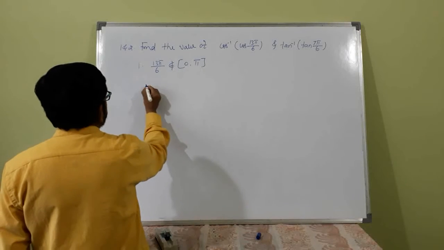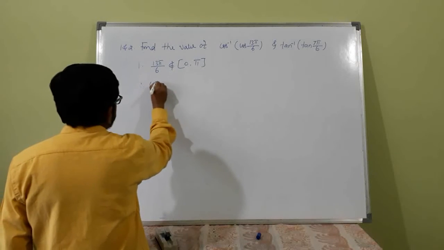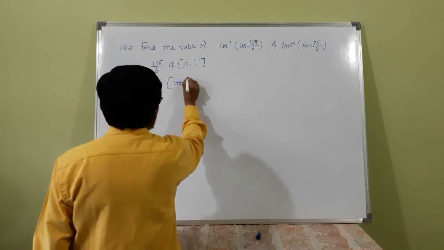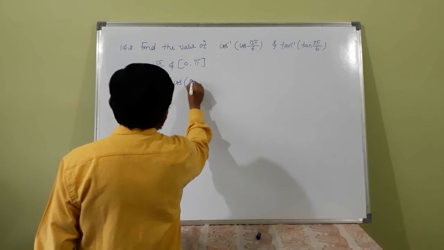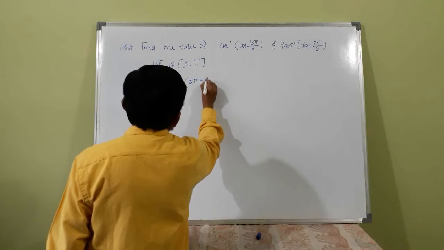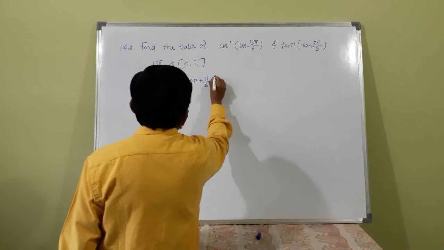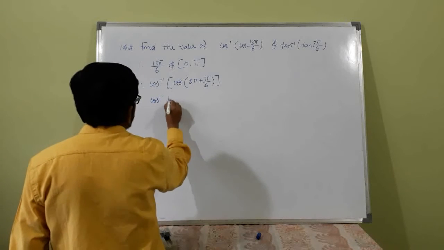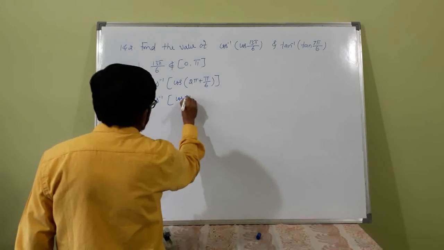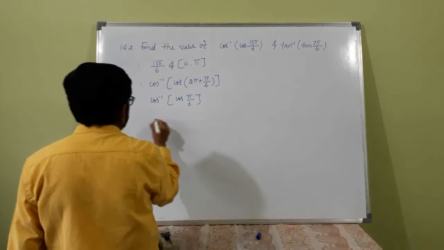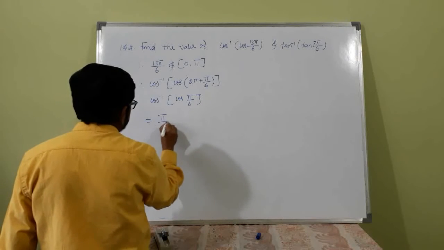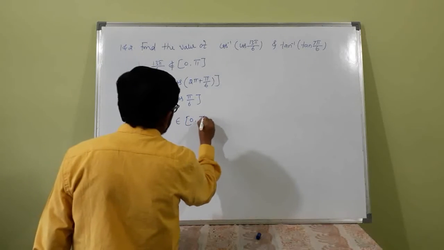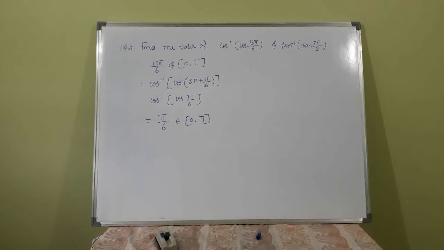So cos inverse of cos, this is 2π plus π by 6. Okay, this is cos inverse cos π by 6. This is equal to π by 6 as this belongs to the principal value bound.